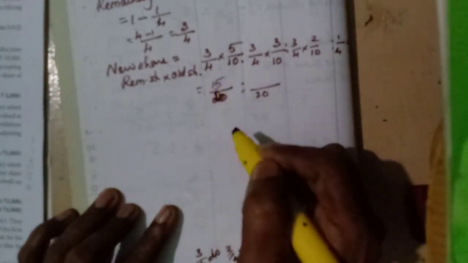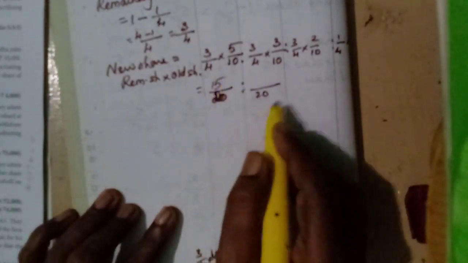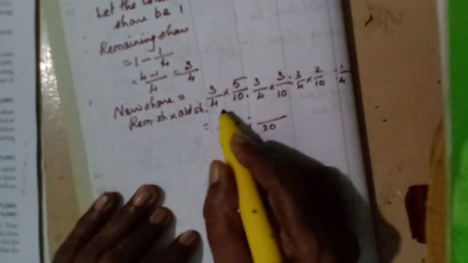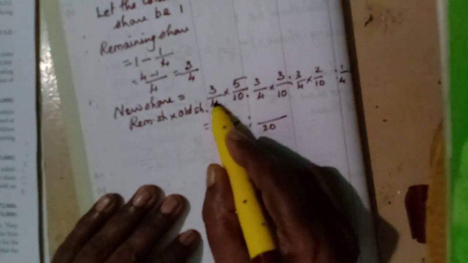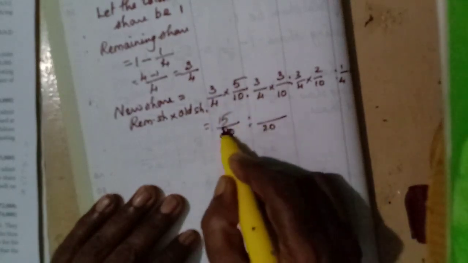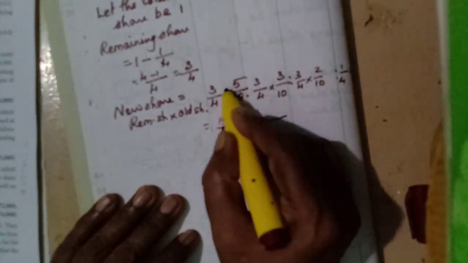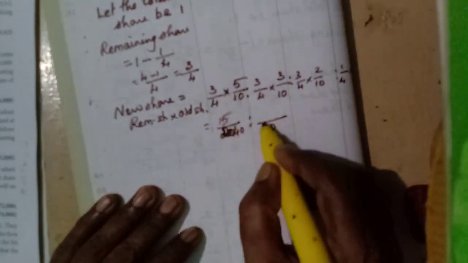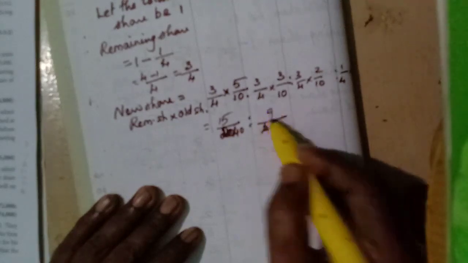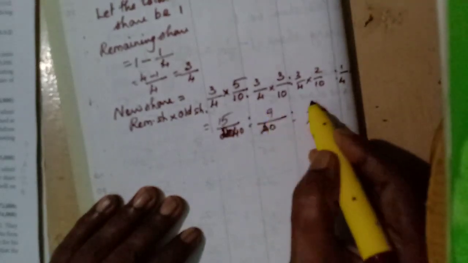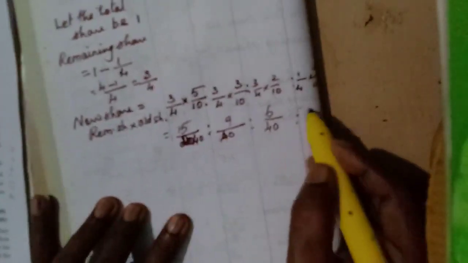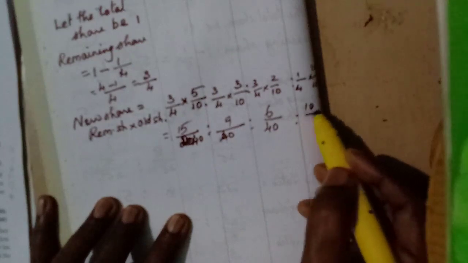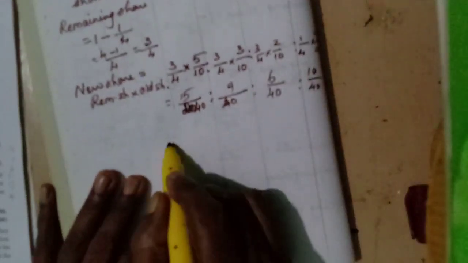Sorry students, we need to multiply, isn't it? This is multiplication, no? Sorry, okay, I was thinking that minus. To get 40, we need to multiply up and down by 10. So 10 by 40. So this is the share.